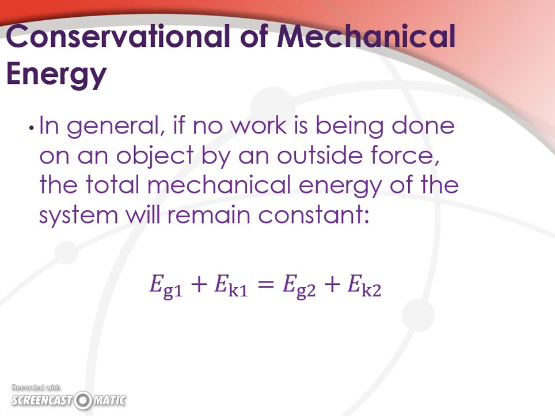Or we can get a little more explicit and talk about the sum of the gravitational potential energy plus the kinetic energy at a given time point must equal the sum of the gravitational potential energy plus the kinetic energy at a different time point, provided no work is being done on the object by an outside force. In other words, provided we have a closed system.